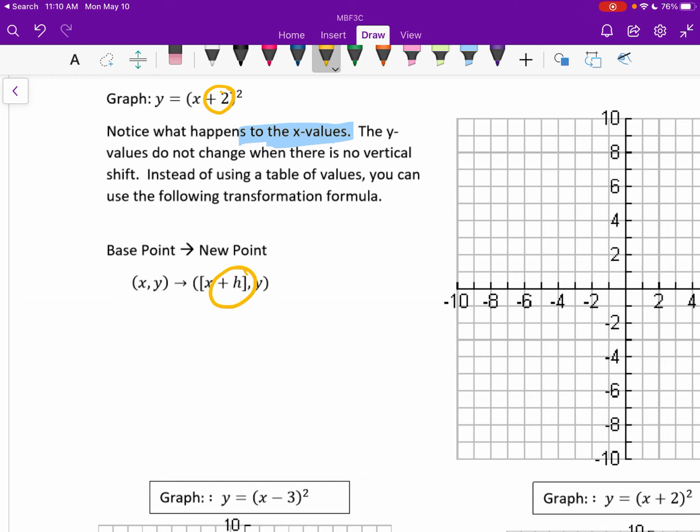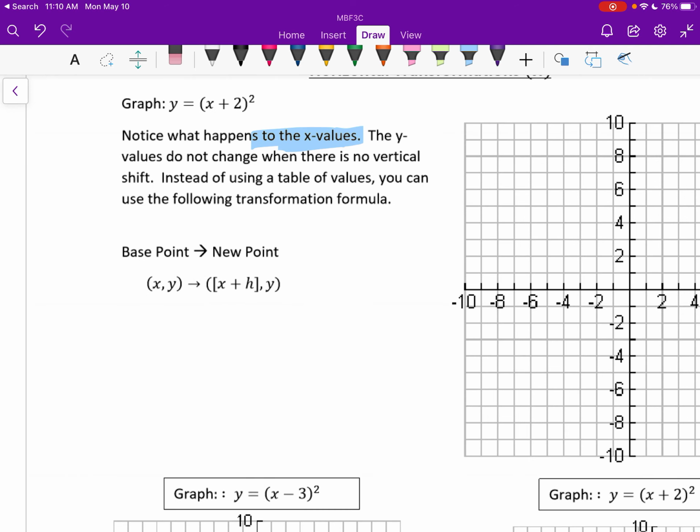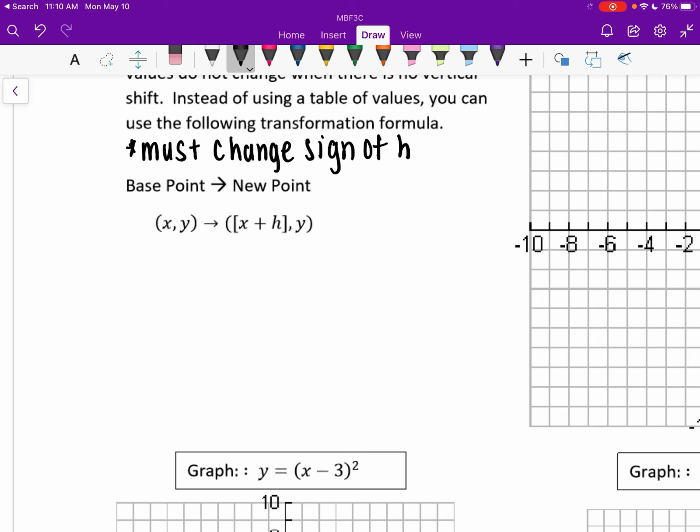I'll show you how that works. You always have to change the sign. So remember that you must change the sign of h, because it's just the opposite of what you think it will be.